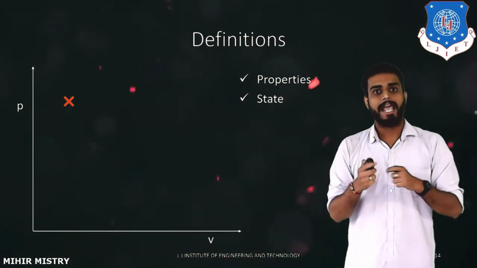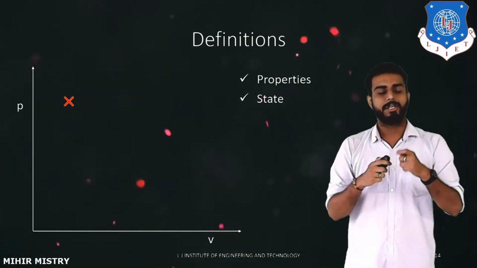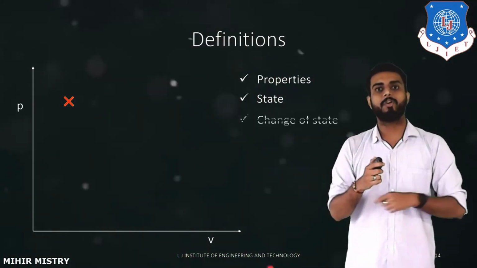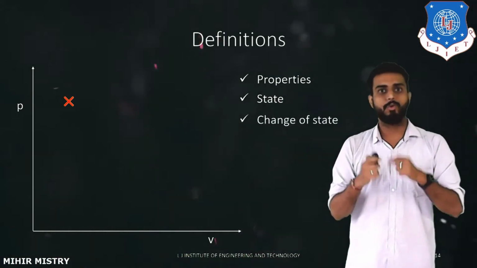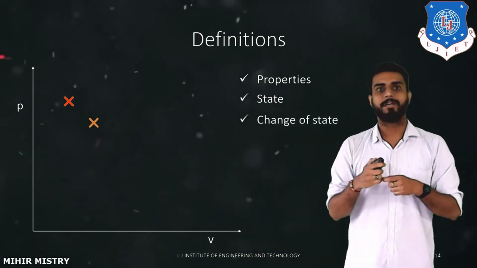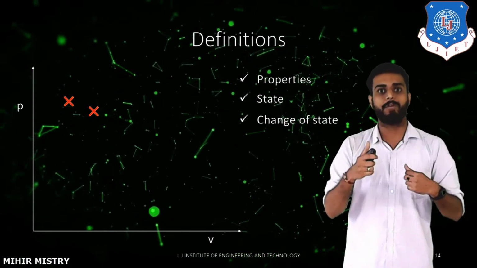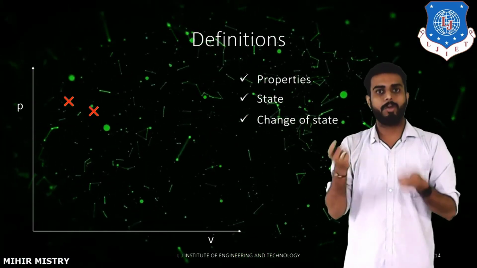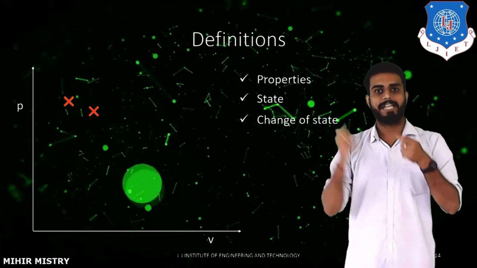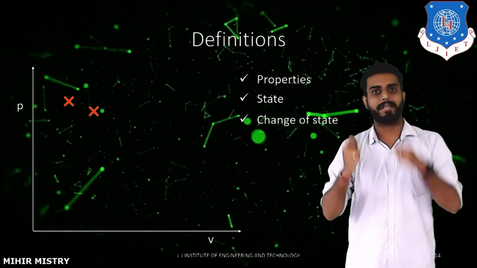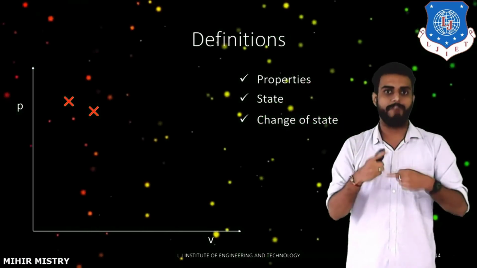Now, if any operation is done in which one or more than one property is getting changed, then it will be known as change of state. So if you are moving from this cross mark to this cross mark, then you can appreciate that the pressure and volume both will get changed. So both properties are changing. So moving from first cross mark to the second cross mark will be known as change of state.